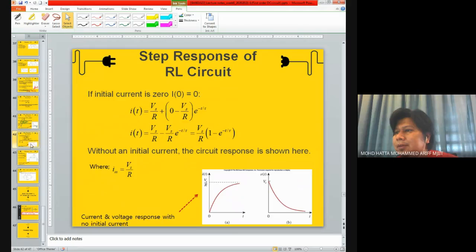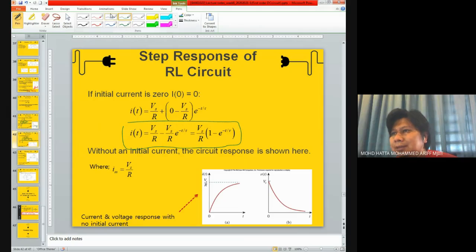And if the initial current is 0, if you don't have any initial current, it will be a lot easier. The terms over here are equal to 0, and your final equation of i(t) is given by this equation. If you only remember the equation, sometimes you will get it right, but sometimes you're not going to get it right.